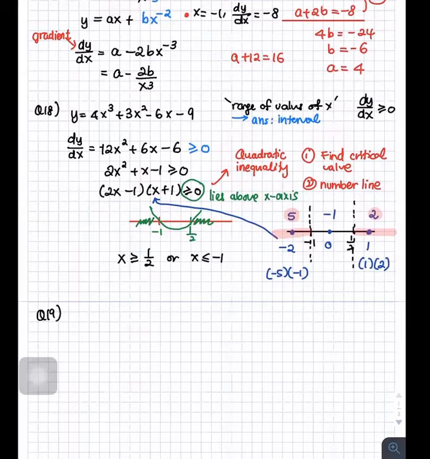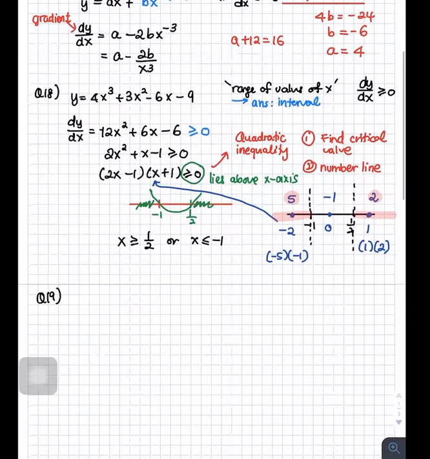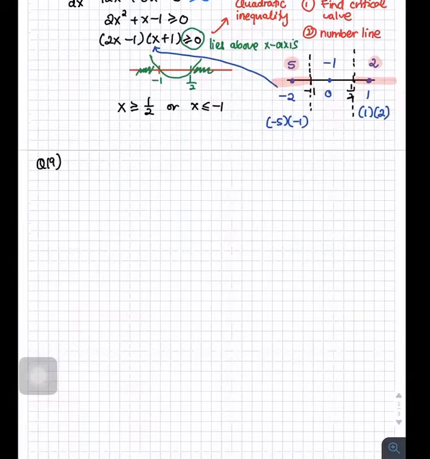Okay, Nabil, you read question number 19 now. A curve has equation y equals 3x cubed plus 6x squared plus 4x minus 5. Gradient of the curve is never negative.